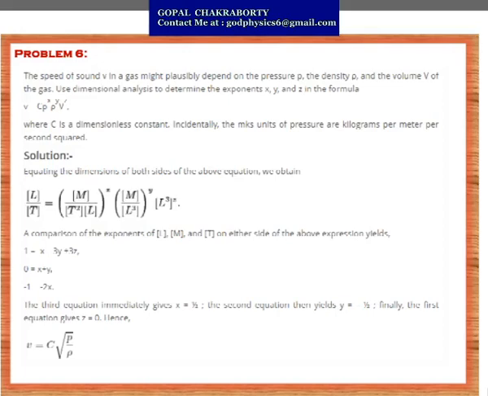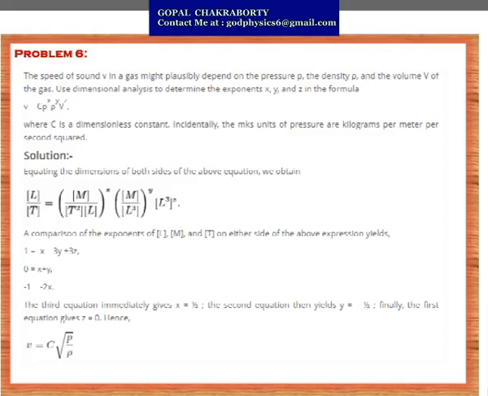A comparison of the exponents of L, M and T on either side of the above expression yields 1 equals to x, 3 plus y plus 3z. Solving these equations, x plus y equals 0, and from the above equation the value of x is equal to half.